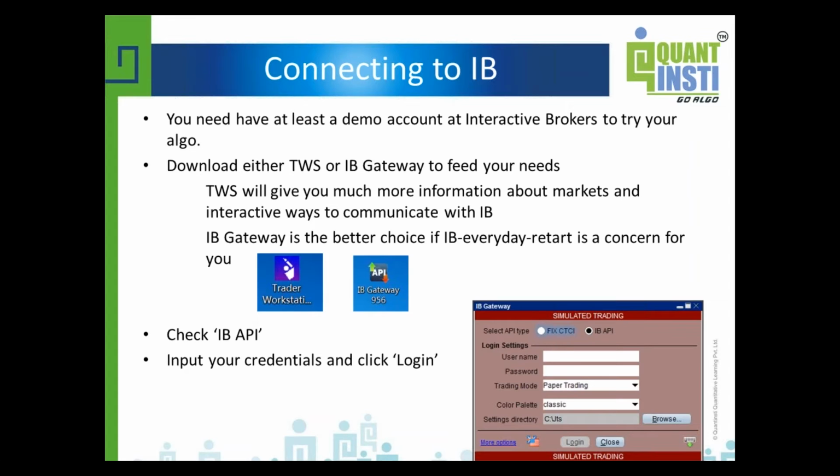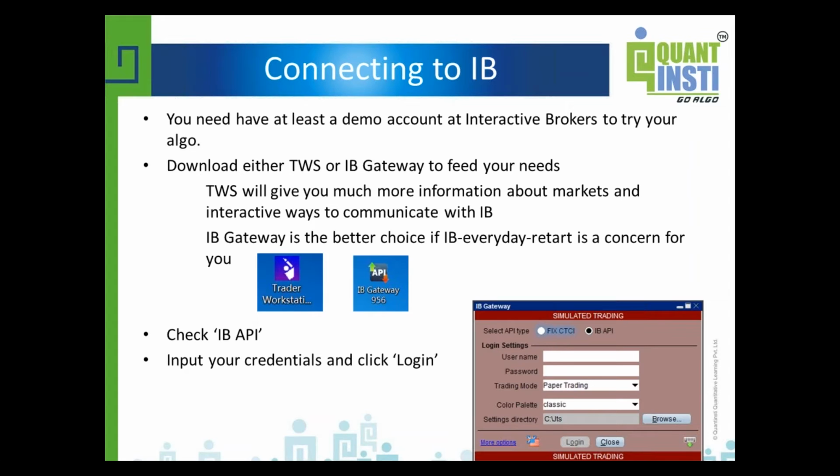TWS will give you much more information about the market and much more interactive ways to communicate with IB. A lot of information. It's easy to see them on screen if you feel comfortable. On the other hand, there's very, very little information you can see from IB Gateway.